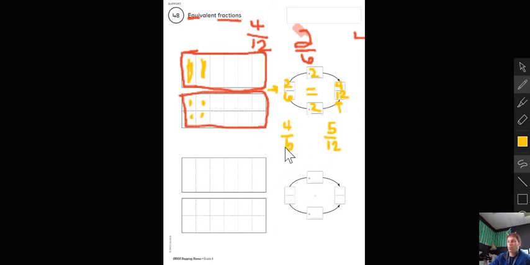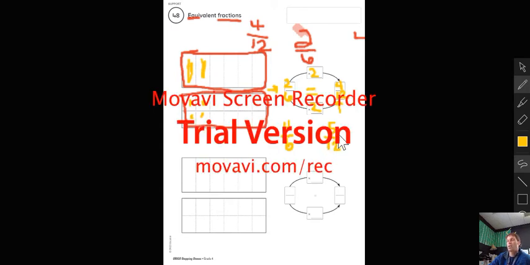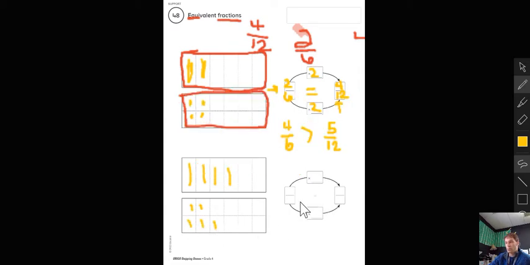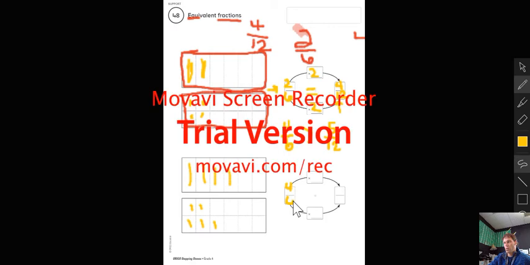You might say, oh, well, 4/6 is over half, and 5/12 is not over half because 6/12 is half. So therefore, 4/6 is greater. But let's say you didn't have that thinking. So there's 4/6, and this is 5/12. We're going to take this 4/6, we're going to put it here, and we're going to put twelfths here.